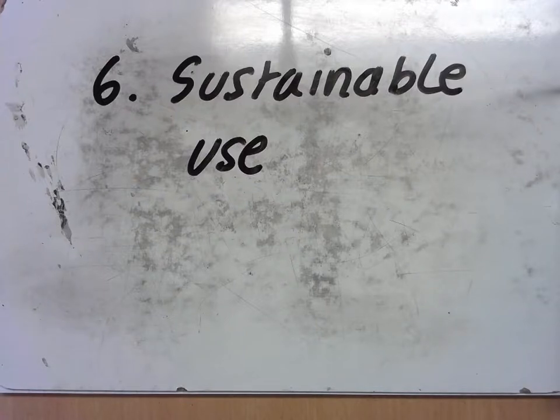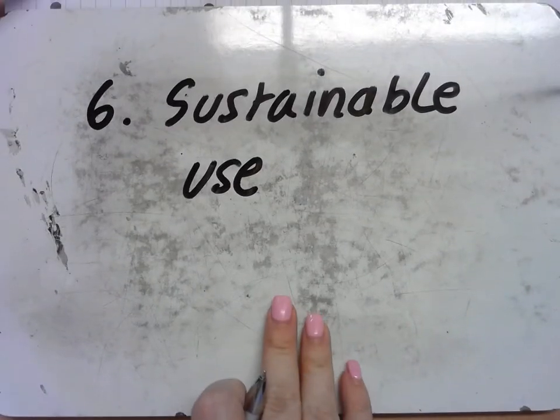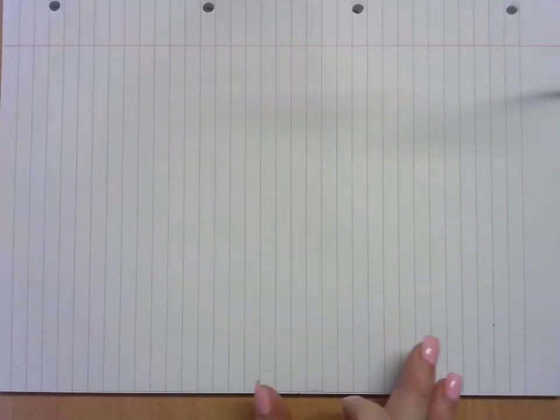Okay, the last part of this video then is sustainable use of the tropical rainforest. Okay, so sustainable use of the tropical rainforest. What can we do to use the tropical rainforest now, but make sure that it lasts for the future generations? Now, there's more than what I'm going to go through with you, but I'm just going to go through a few examples.